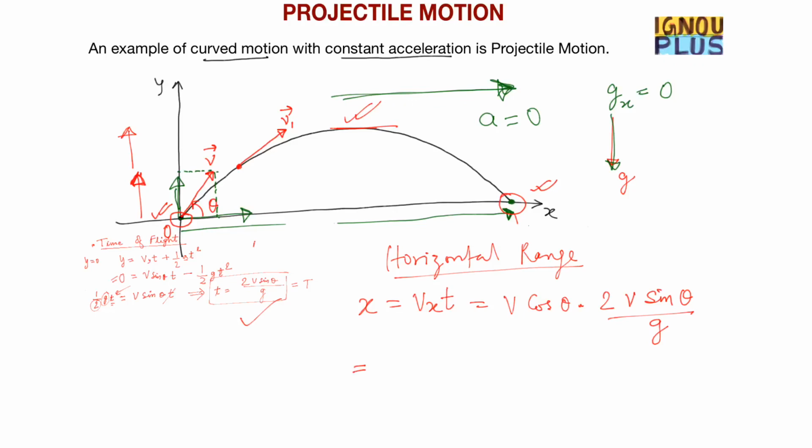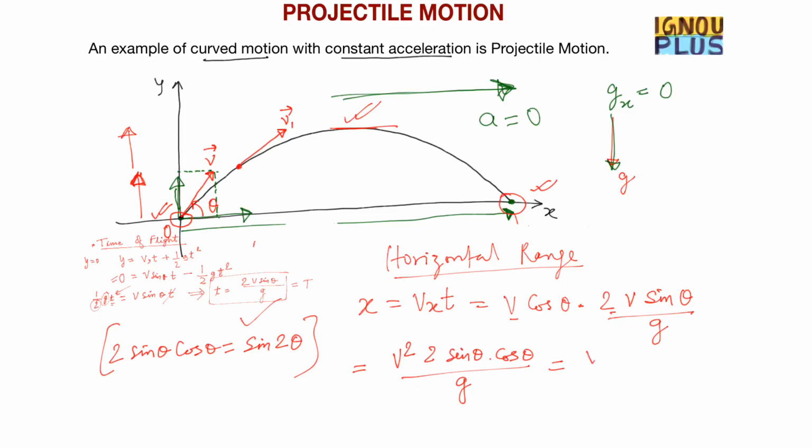So all we are getting is V into V is V square, and then 2 sin theta into cos theta by g. And from mathematics, as you know, 2 sin theta into cos theta is sin 2 theta. So this will be V square sin 2 theta by g. So this is your range R.